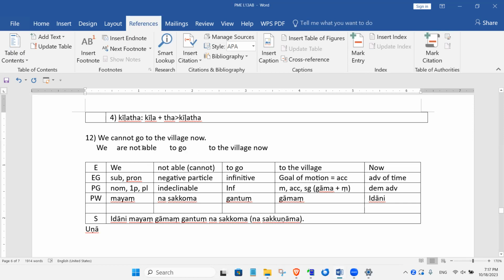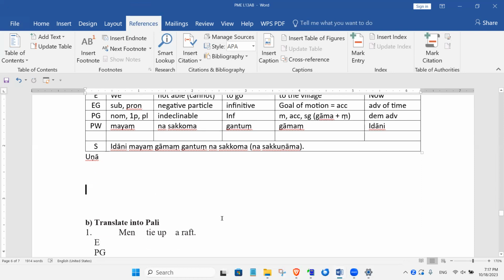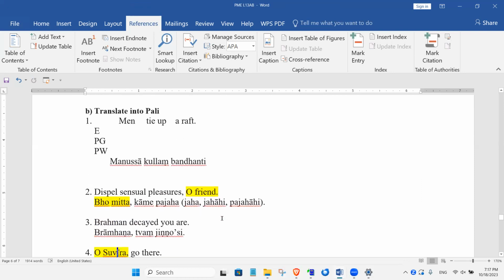So we are not able to go to the village now. This is the gantum alternative. The infinitive should be just before the verb. Yes, correct. Thank you very much, Saji.